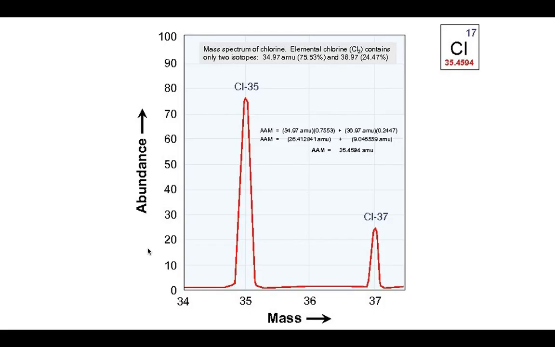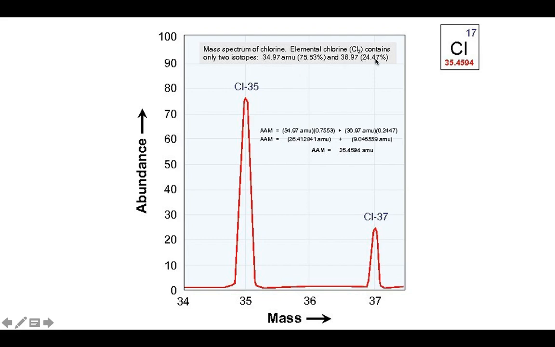Now, what we also want to take a look at is this particular reading for a mass spectrum of chlorine. Chlorine has two isotopes, and like it says here, it has approximately 75.53% of chlorine-35 with this exact mass, 34.97 AMU.